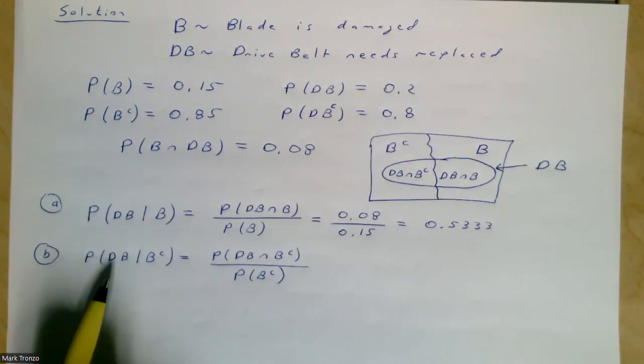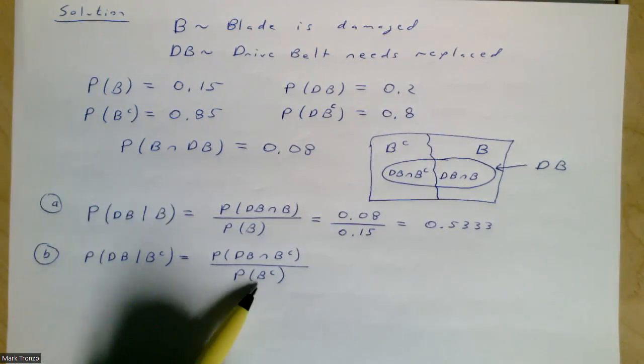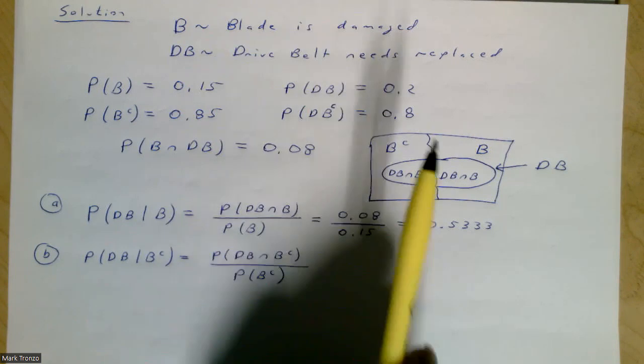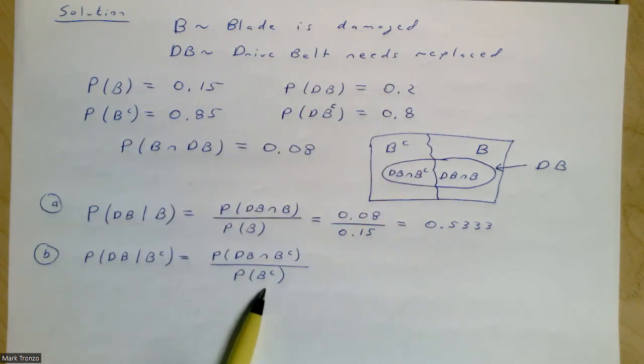So this is what we're trying to solve, and we have this over here, but what we don't have is drive belt intersection B complement. In other words, the drive belt needs replaced and the blade is not damaged.